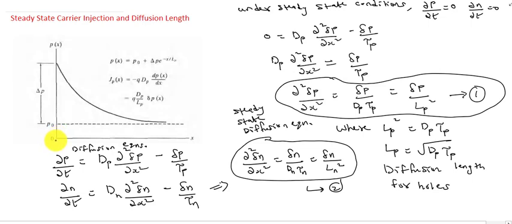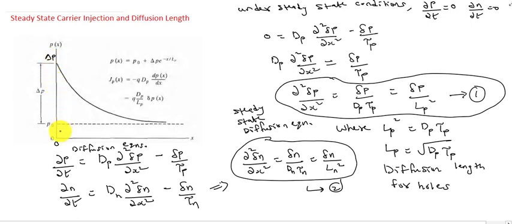At x equal to 0, we are injecting the excess carriers into the semiconductor, and the injected excess carrier value at x equal to 0 is delta p. So delta p of x can be written as delta p.